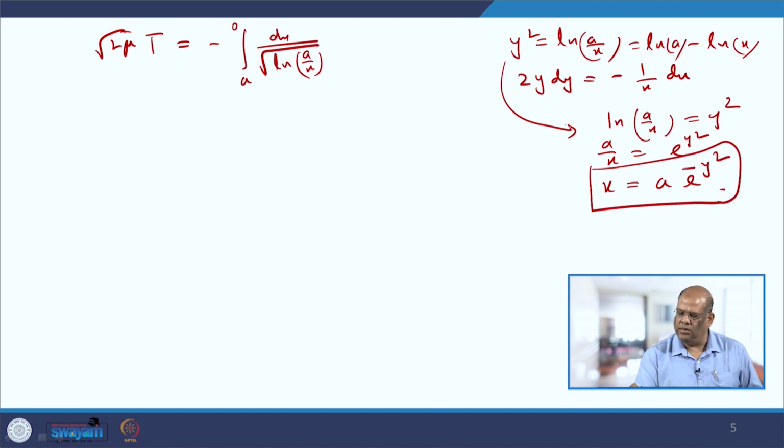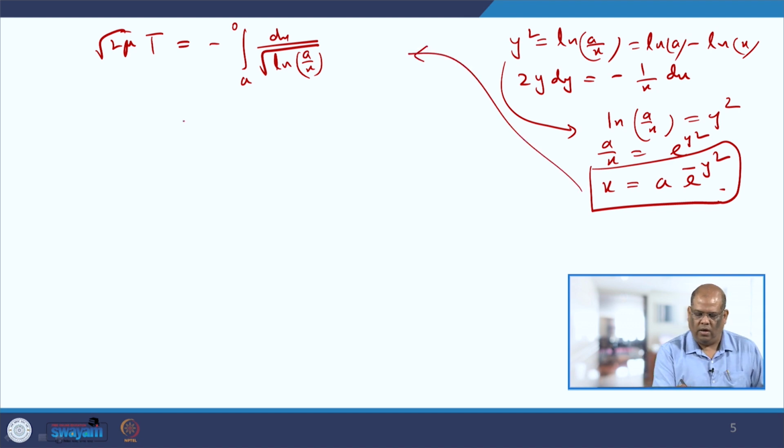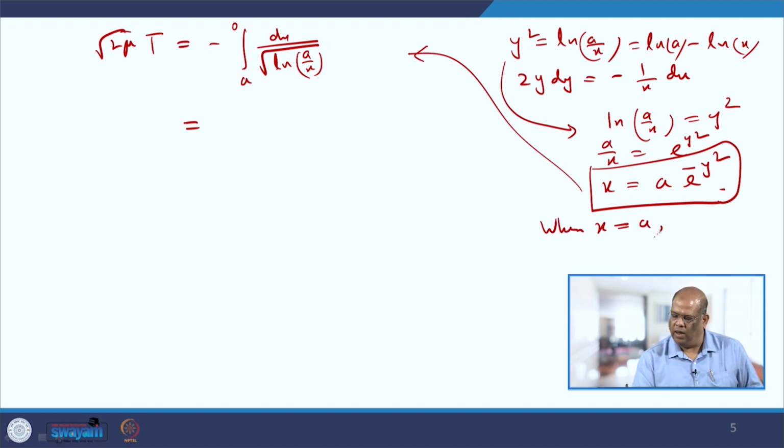All this will now be substituted in this integral, and also when x equal to a, y is 0, because you put x equal to a here, it is ln 1 which is 0, and when x tends to 0, y tends to infinity.